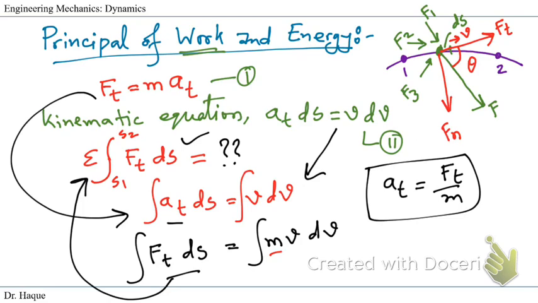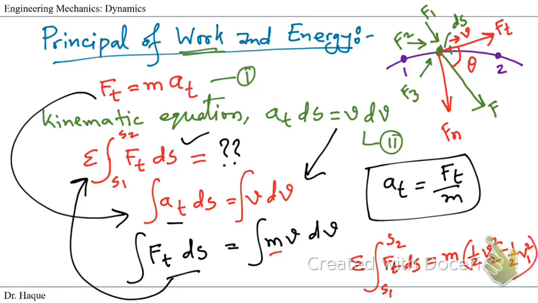So if we take integration, we will have the summation of force, integrated from the initial position s1 to s2, Ft ds, and if we take integration on the other side, we will have the integral of v dv, which will give us half v2 squared minus half v1 squared.